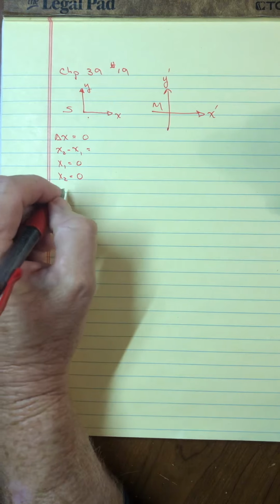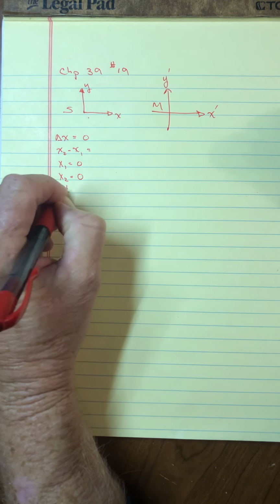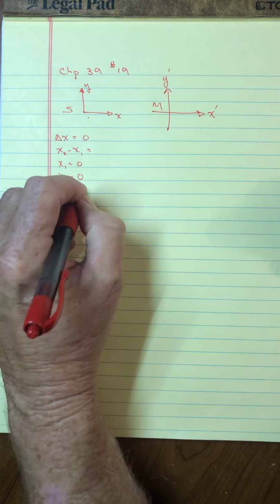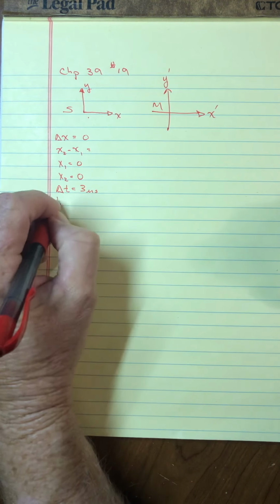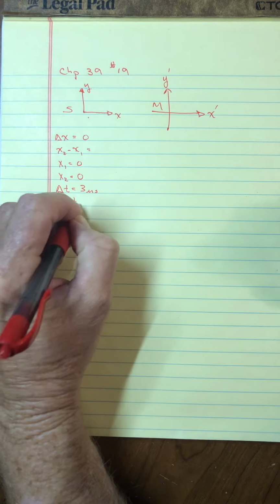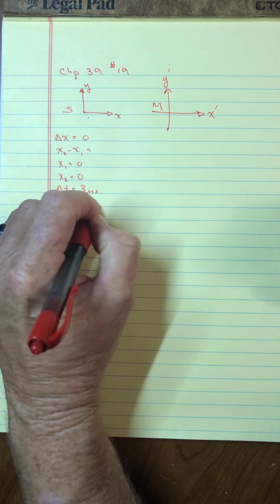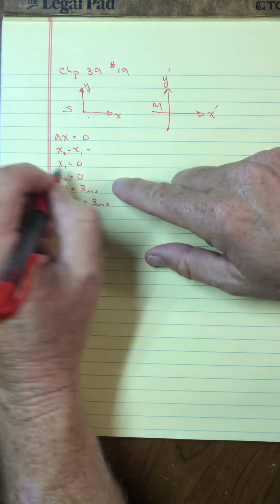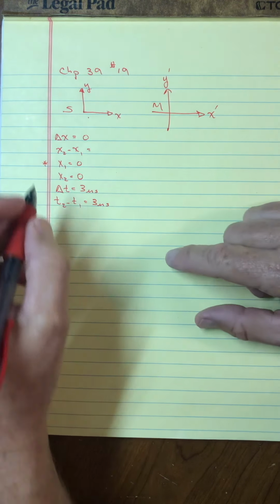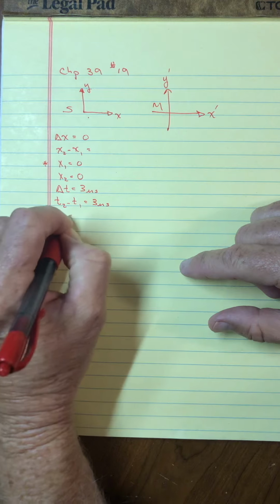Now, we can do the same thing about time. The time between the two events for Susan is 3 microseconds. What we mean by that is time 2 minus time 1 is 3 microseconds. Just like we can pick the origin anywhere we want, we can pick our starting time anywhere we want.